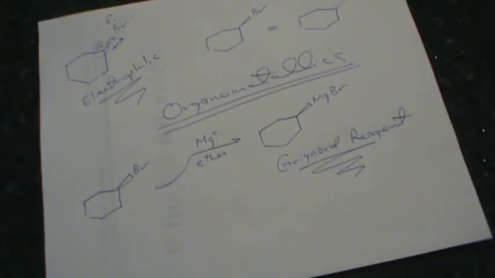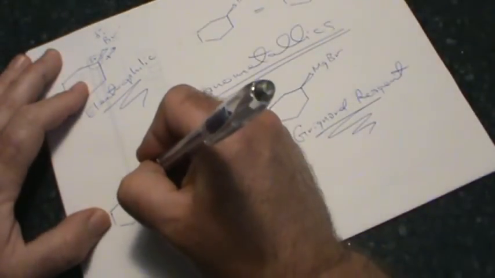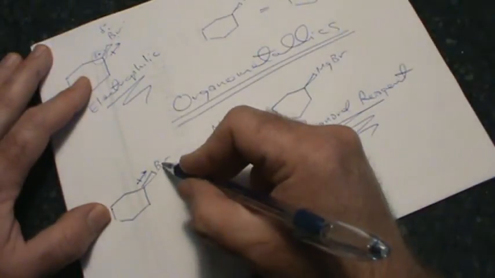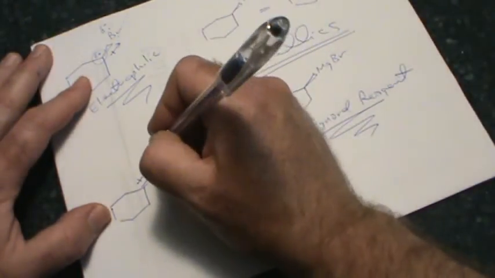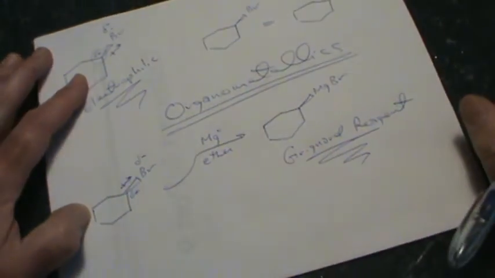What's so interesting is that we have just completely changed the electronics around the carbon atom. For example, here, as we've been discussing, there's a bond dipole moment from the less electronegative carbon to the more electronegative bromine, meaning the bromine is delta minus and the carbon is delta plus.